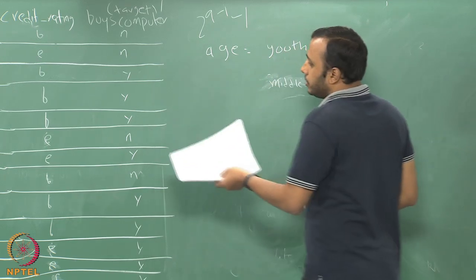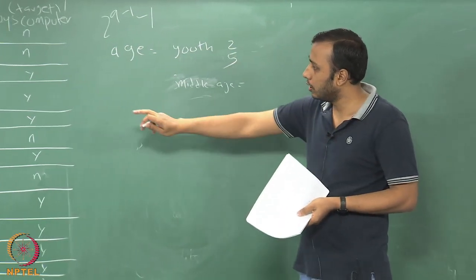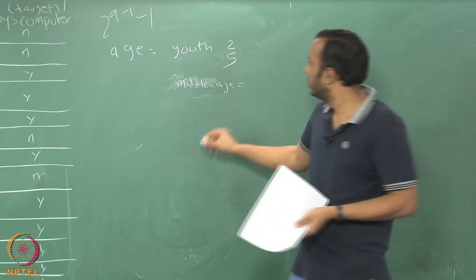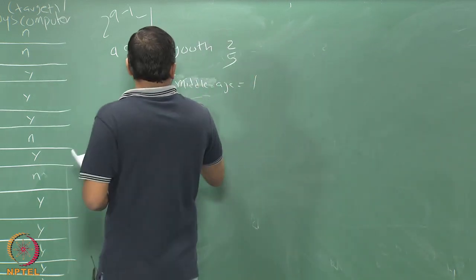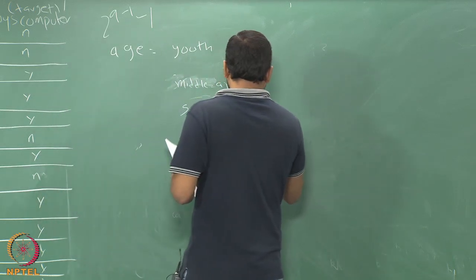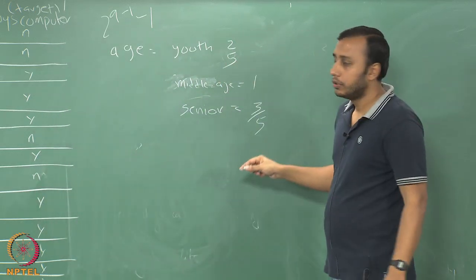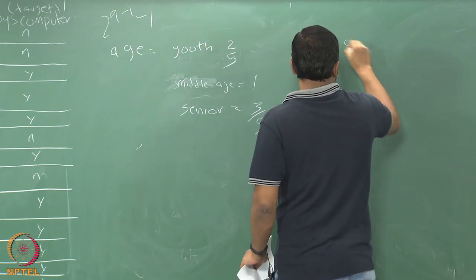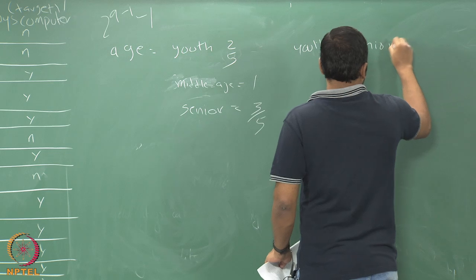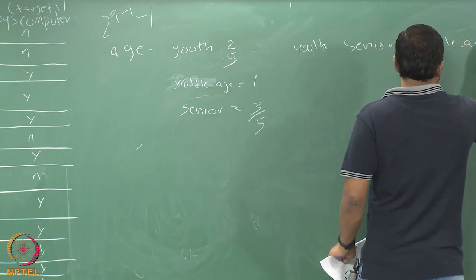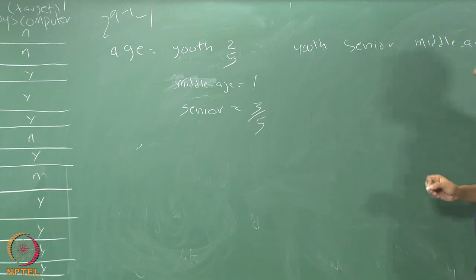So for middle age we just saw that all data points which have age equal to middle age are classified as yes. So here the probability is 1, and for senior it's 3 by 5. So our ordering will be, right.